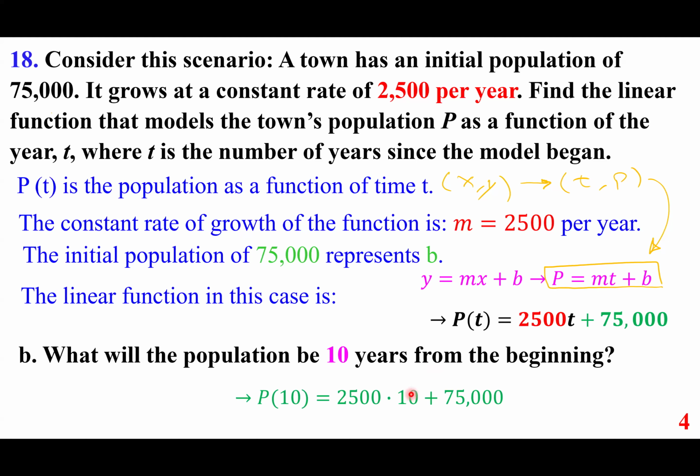So t is replaced with 10. This is 25K or 25,000. Plus 75K is 100K, or 100,000.